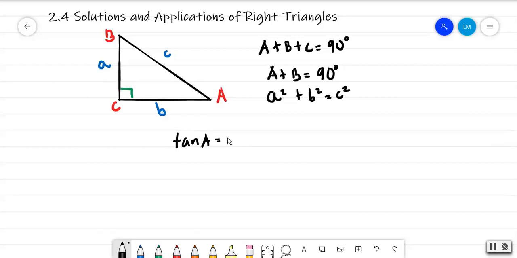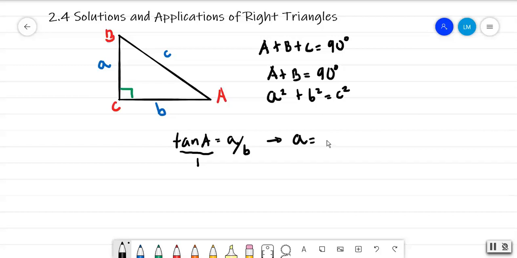So in this case, you would end up with tangent A as opposite over adjacent, so that would be A over B. Now if you wanted to solve for A, all you need to do is multiply by B on both sides.